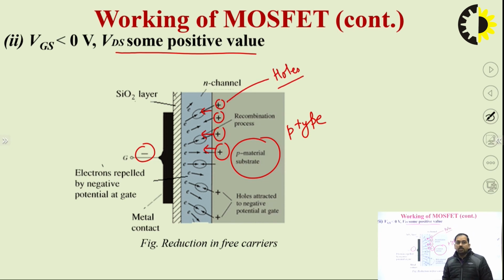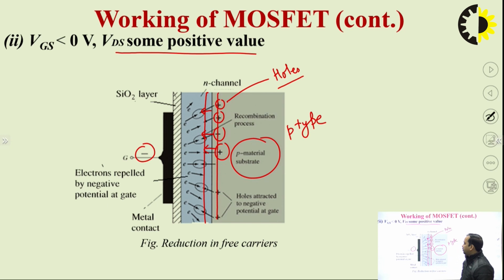So more holes are attracted towards the gate terminal, and due to recombination there is a formation of a depletion region.